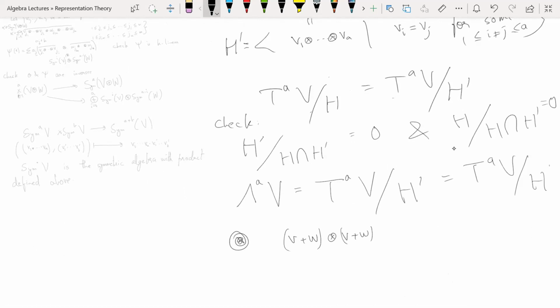So maybe you expand this, v plus w tensor with v plus w. What do you get? You get v tensor w, plus w tensor v, and v tensor v plus w tensor w.